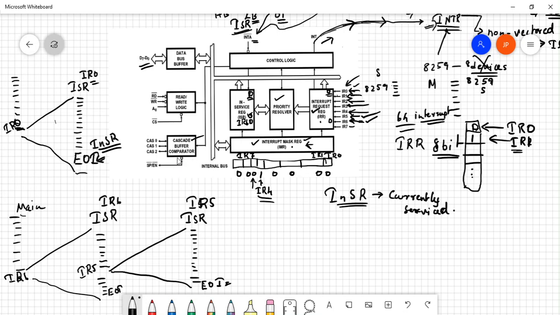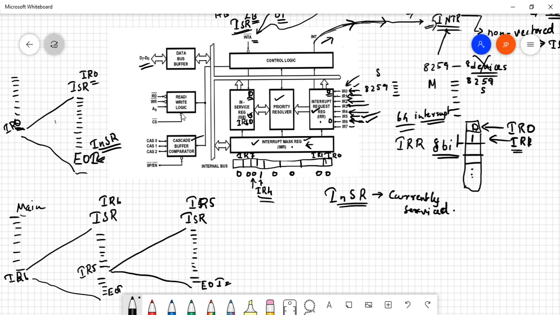So this is for cascading in the master slave configuration. Now it is not necessary that you have to have 8 slaves, you can have 1 or 2 slaves, you can have at the max up to 8 slaves, right? Which means that you can connect up to 64 devices. You can have 2 slaves and the rest of the pins connected to other devices, or however you want to.